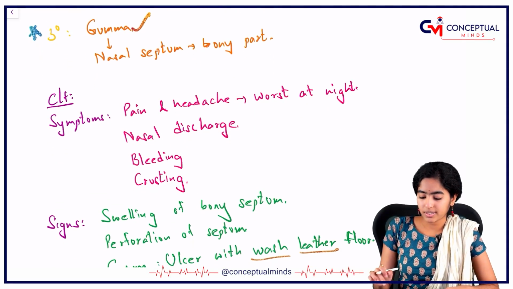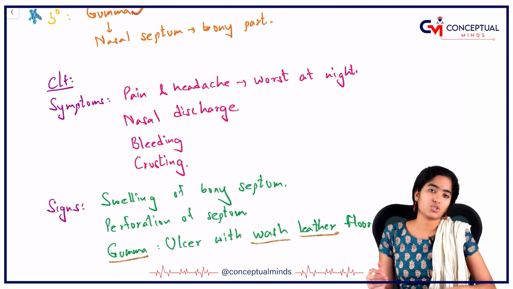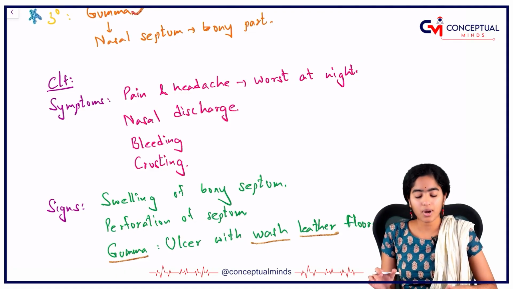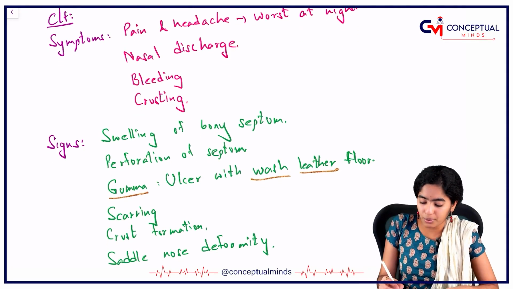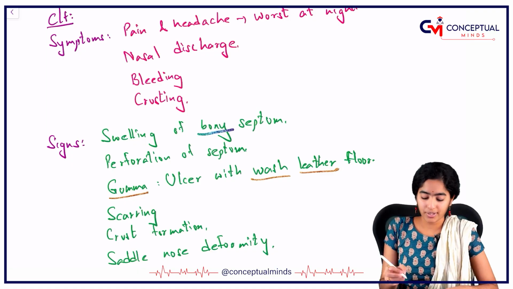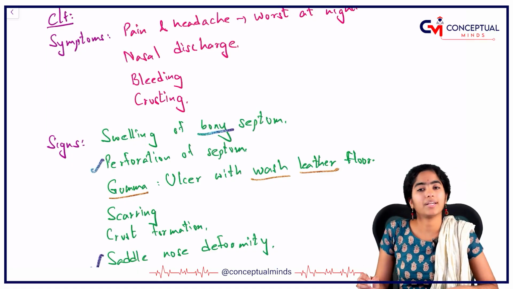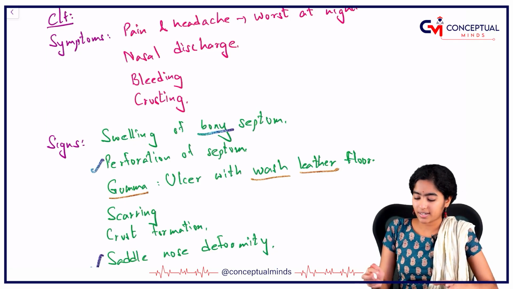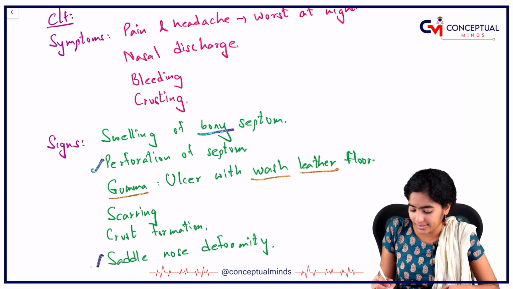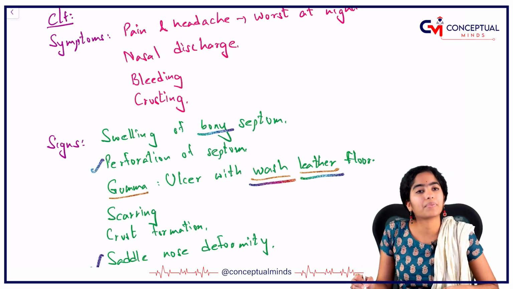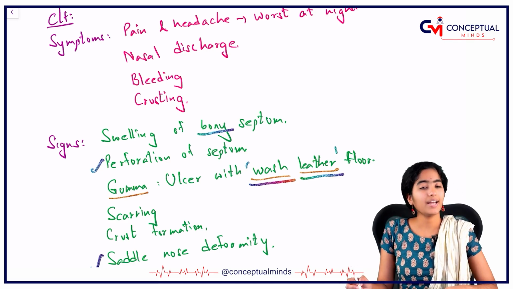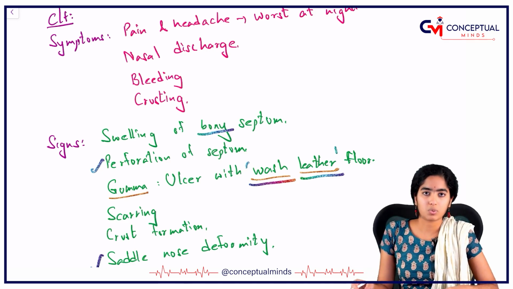Okay, and what are the clinical features? Pain and headache, nasal discharge, bleeding and crusting. And upon examination, you will find swelling of the bony septum. Perforation of septum along with saddle nose deformity could be seen, and gumma, that is an ulcer with wash leather floor, is important feature. Okay, scarring and crust formation could also be observed.